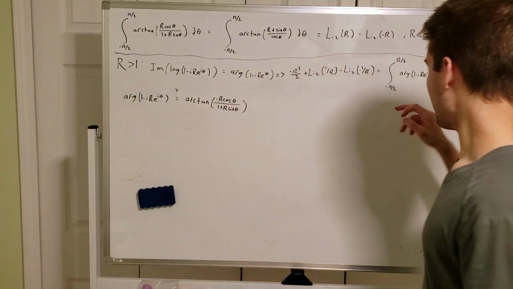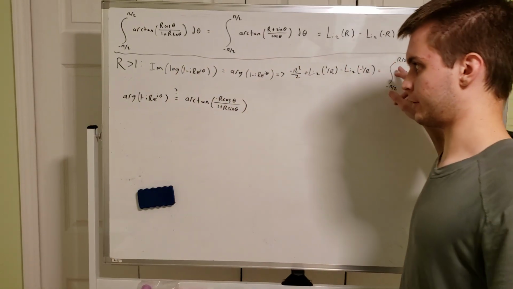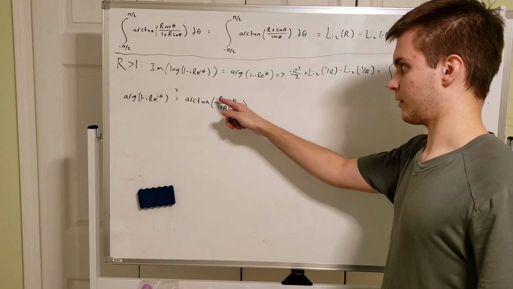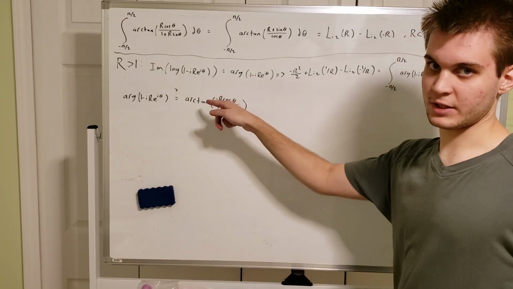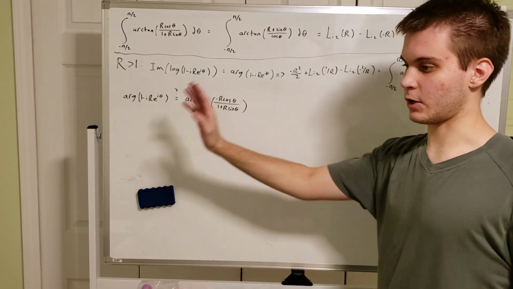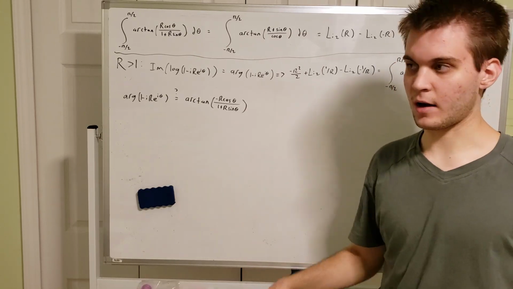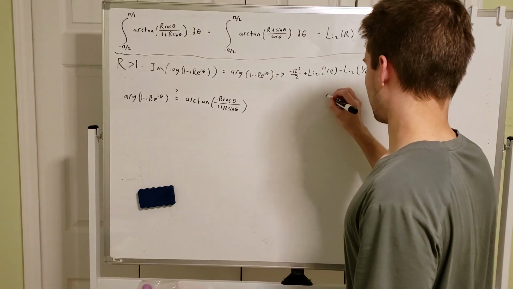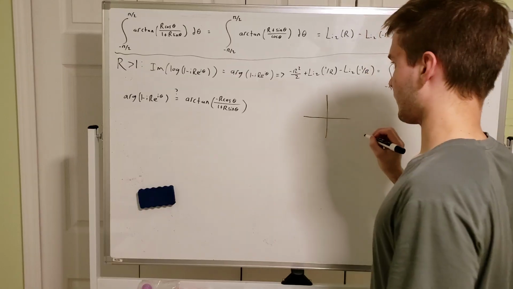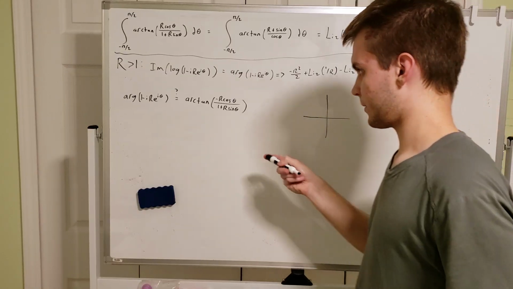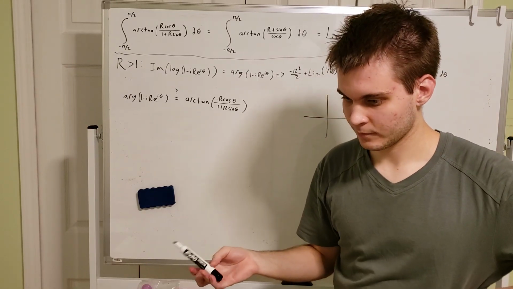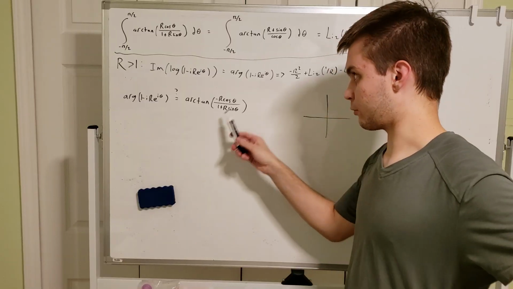Now, let's see what happens when the real part's negative. With theta in minus pi over 2 to pi over 2, the imaginary part, which is the numerator, is only negative because cosine theta is always positive. So we're only working in the bottom half of the complex plane. Now let's think, what happens when the real part is negative, which we know is possible?